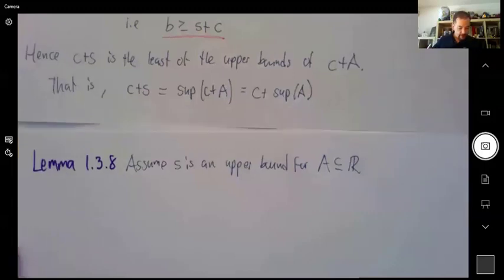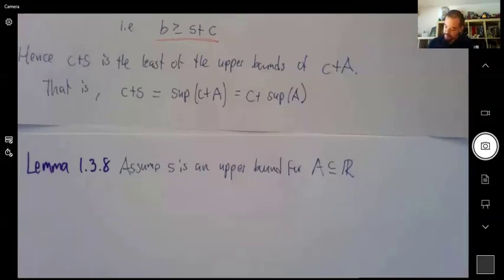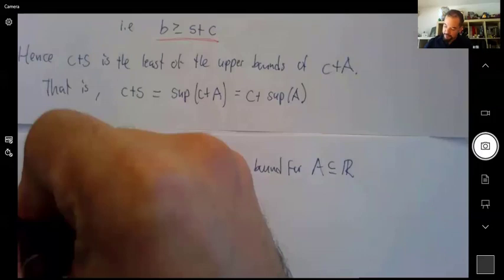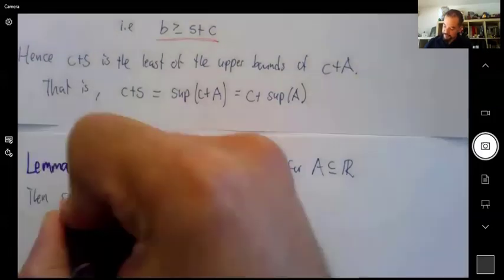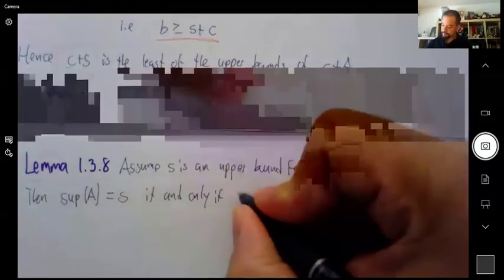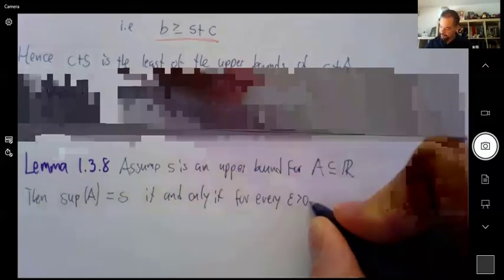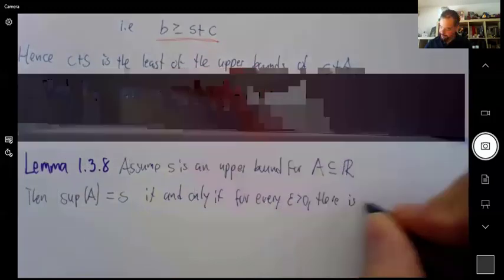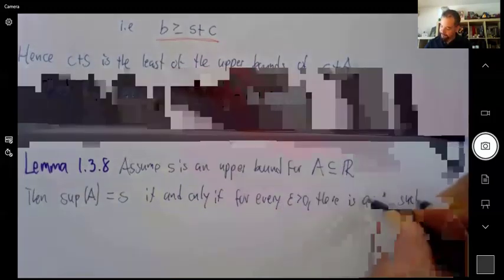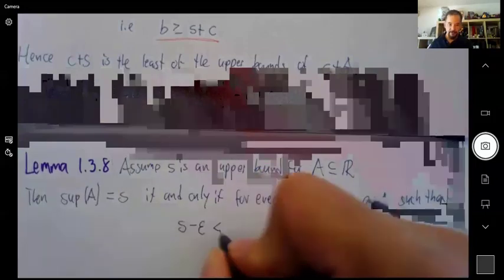All right, so this lemma says, suppose S is an upper bound, then it's a way to check when something is a supremum. It says, then the supremum of the set A is S if and only if for every epsilon there is a little a in A such that S minus epsilon is less than a.